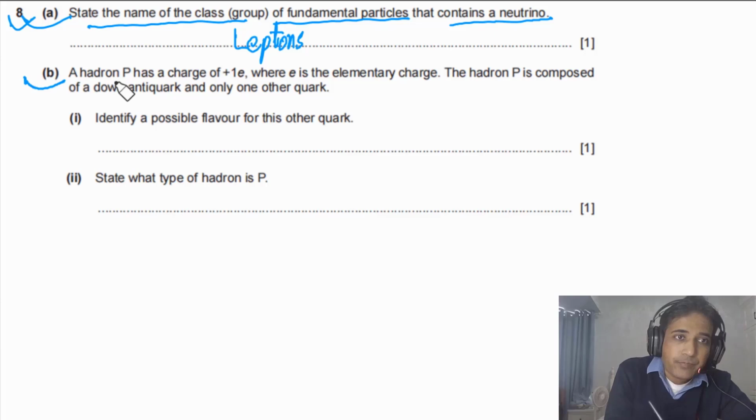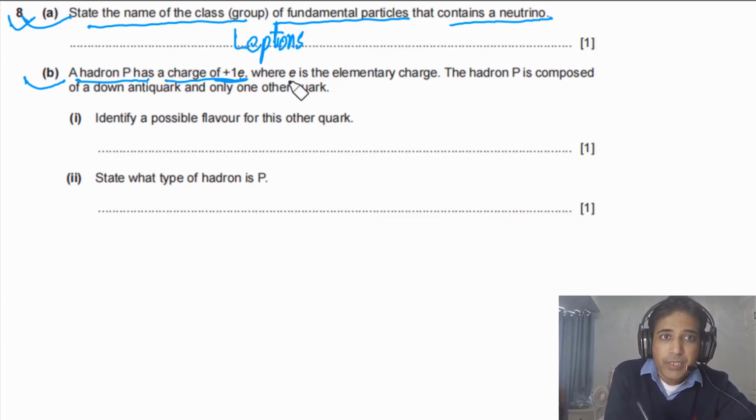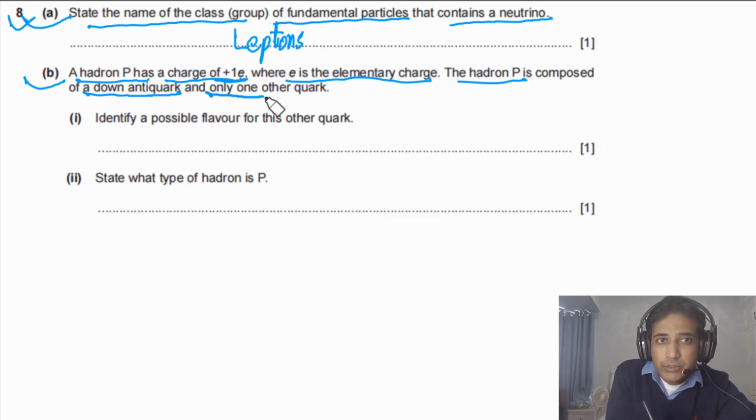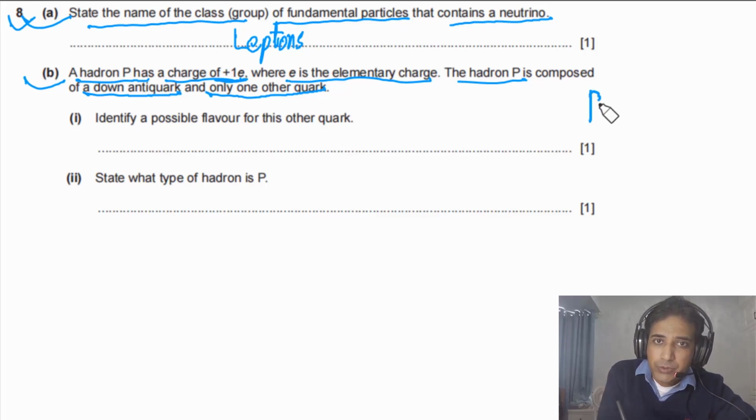Part B says a hadron P has a charge of plus 1 e. e is the elementary charge. Hadron P is composed of a down antiquark and only one other quark. So we have hadron P, it is given to us.